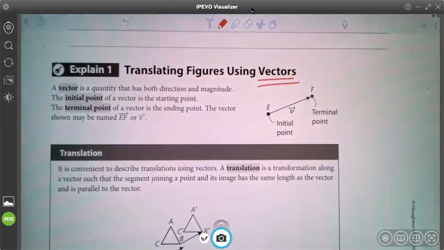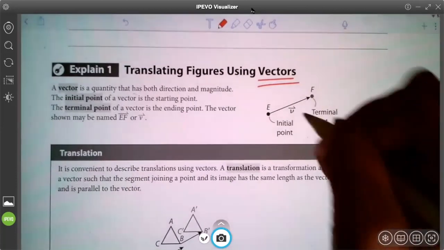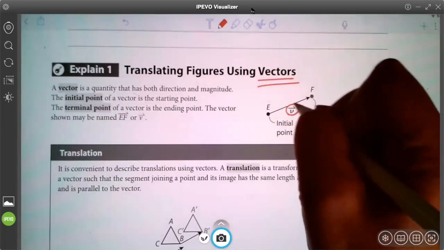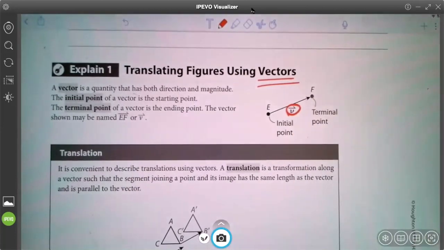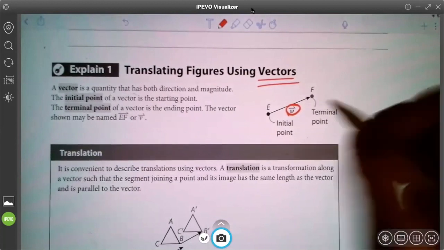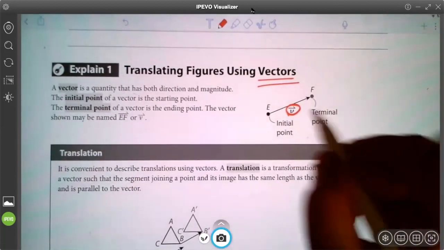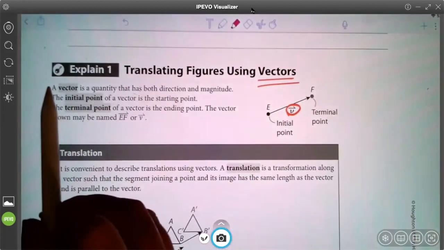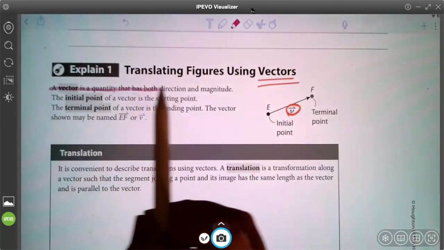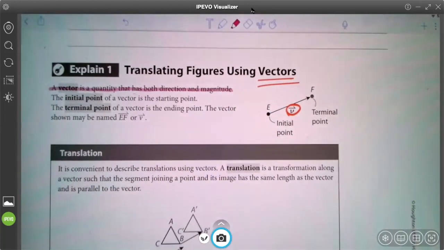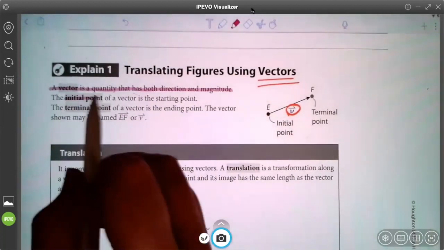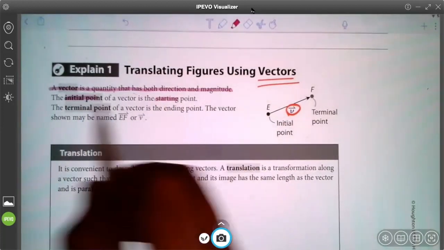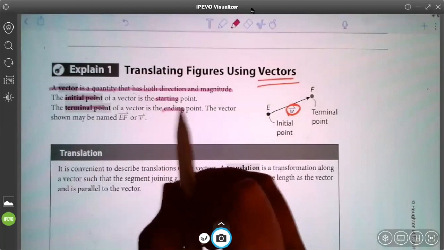On the next page, one of the types of translations that we can do is by using a vector. A vector is indicated often with a lowercase script letter, and then this little interesting half arrow symbol above it. The definition of vector over here in the reading says a vector is a quantity that has both direction and magnitude. A vector's initial point is the point where it starts, and its terminal point is the point where it ends.